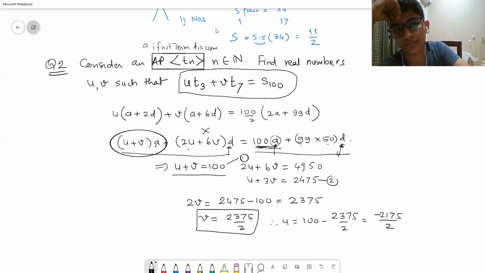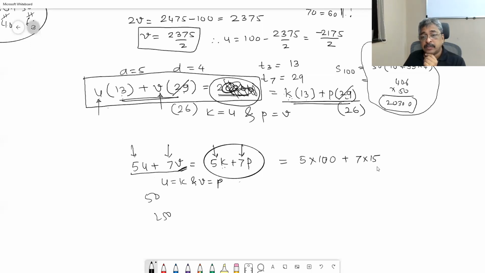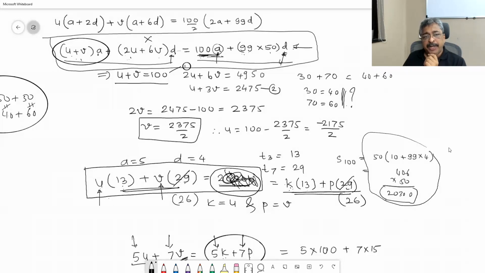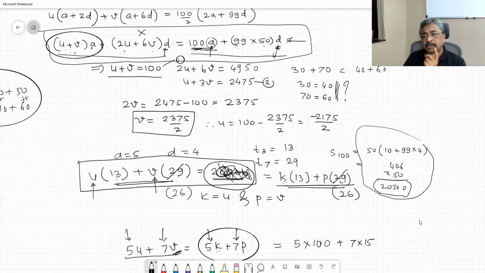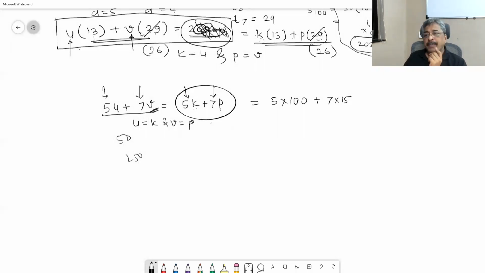Okay, so there is little ambiguity about whether there will be unique solutions V and U or not, which requires some additional thinking, which we will do and complete eventually.